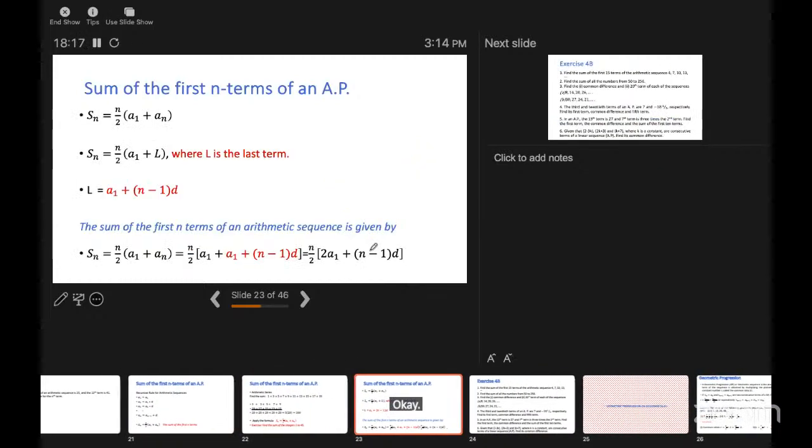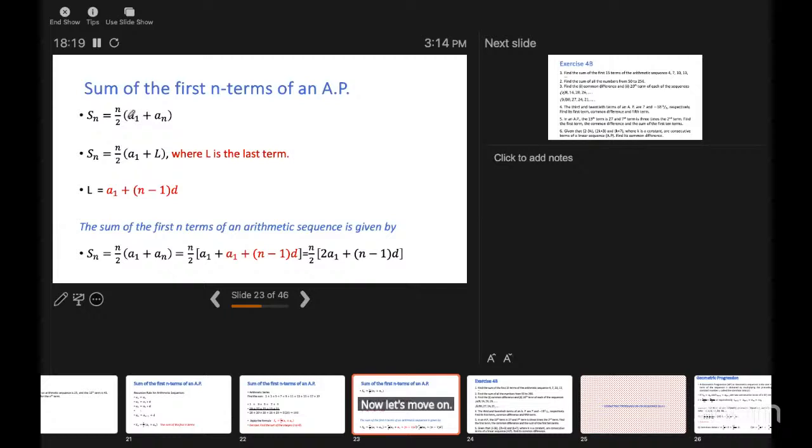Now let's move on. This formula, which I wrote as Sn is n over 2 into (A plus L), where L is the last term, is the same as A plus An.